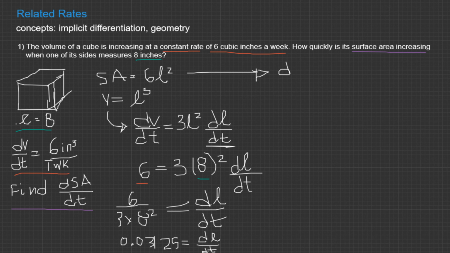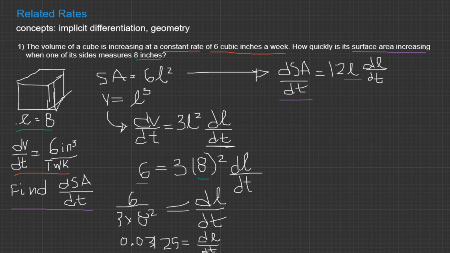So the derivative of the surface area with respect to time, and I'm going to use the power rule again, so I'm going to get 12L, and then if I differentiate L, I get dL/dt.